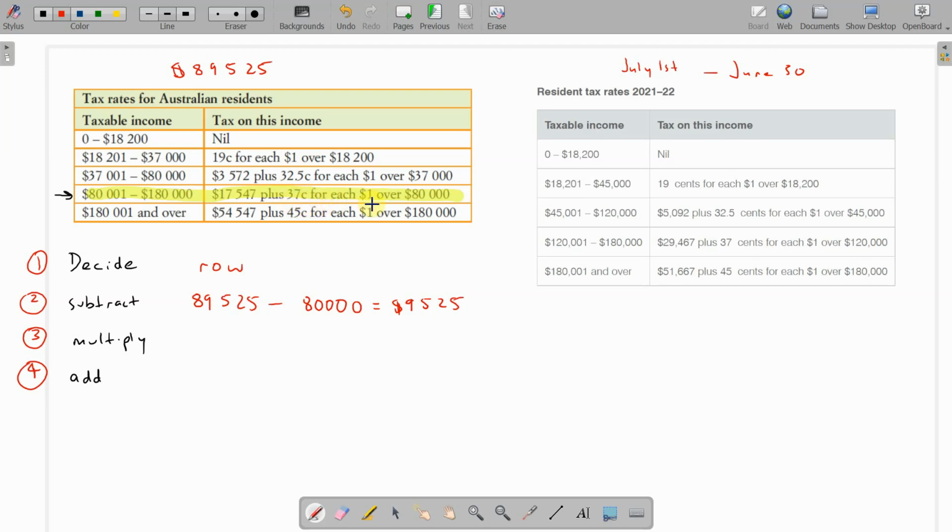37 cents for each dollar over that. Well, that's how many dollars over. So now we're going to work out the tax is 37 cents for each one of these dollars. Now, I want to put 37 cents in dollar terms because everything else is. So multiply 37 cents times how many dollars over.